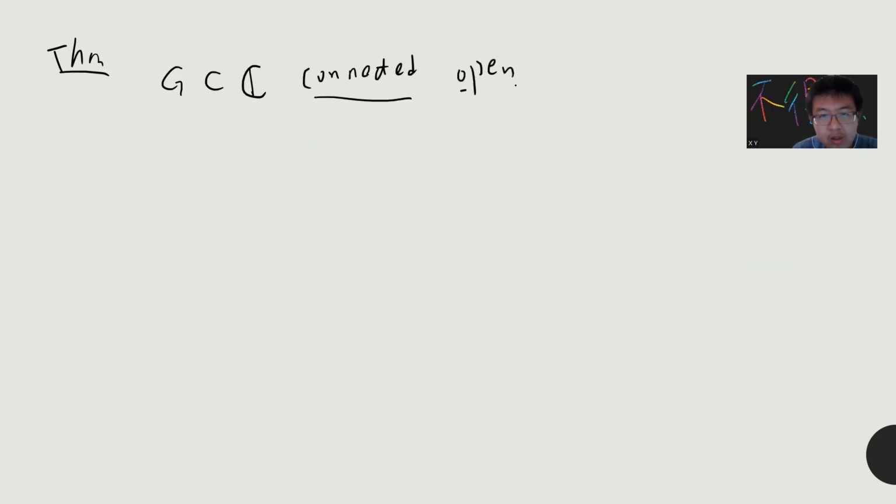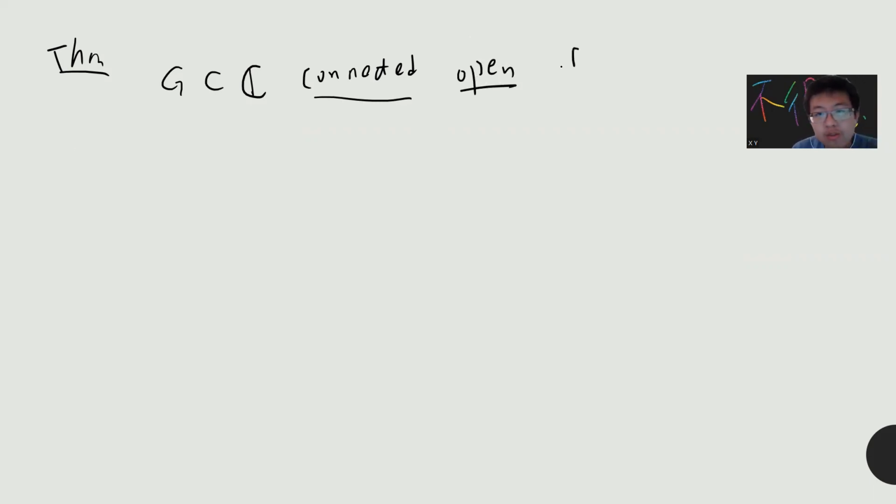So the idea is, let me just talk about the theorem. You take some subset G of the complex plane, and G is required to be connected and open. I hope you know what an open set is, and what a connected set is.